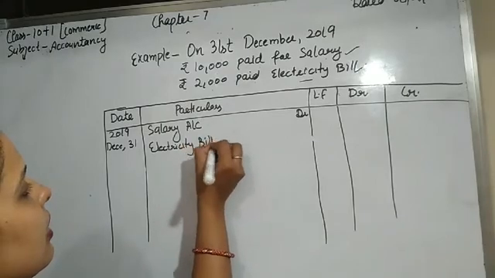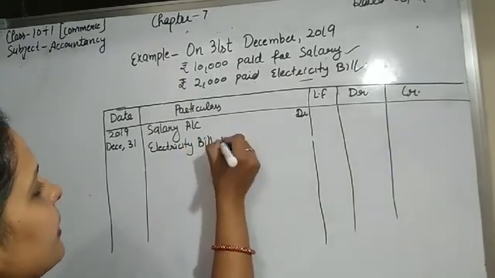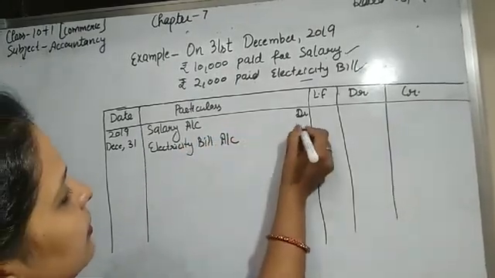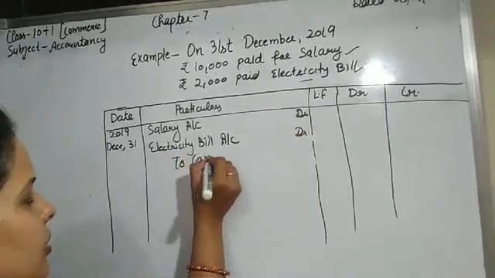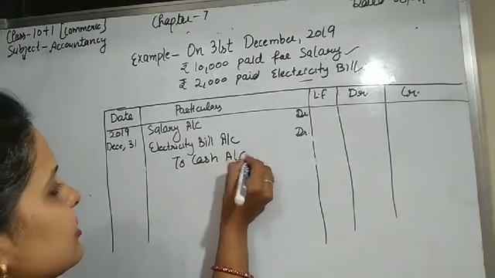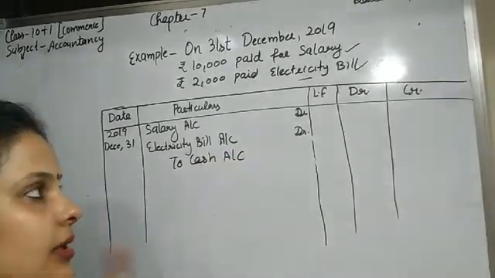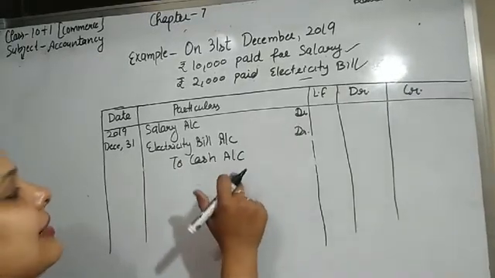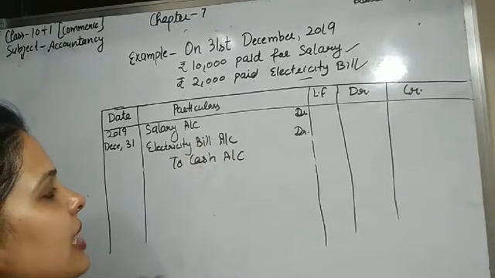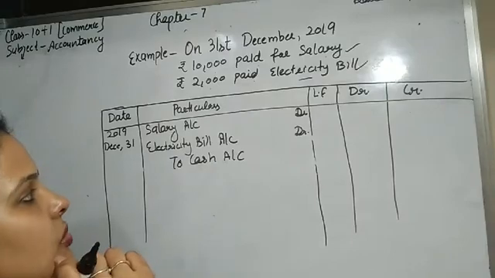Electricity bill account debit to cash account, because these transactions are related to one account, that is cash account, because electricity bill is also paid in cash, and salary is also paid in cash.